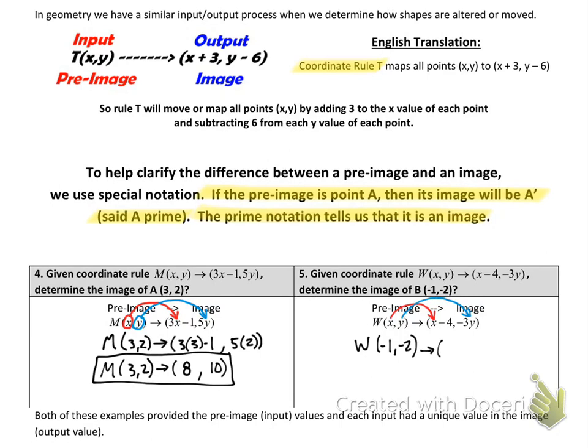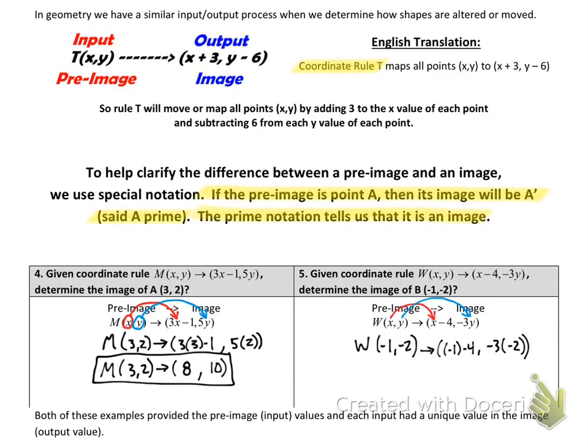So, when I plug this in, I should have -1 minus 4. And then -3 times -2. So my inputs won't be the same every single time. And actually, most people were good with that part. But some people were plugging in the wrong values. Some people were plugging in the wrong spot and having some troubles that way.